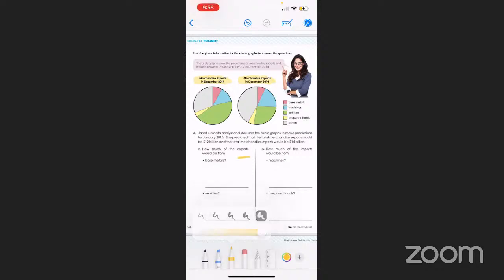And then the imports here are 14 billion, yes. In this graph the circle shows the percentage. So base metal in the exports was larger as compared to the imports, right?